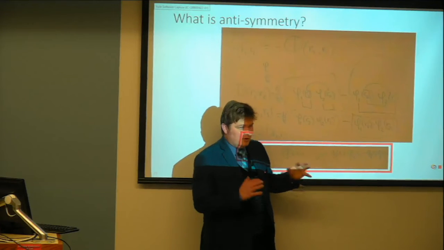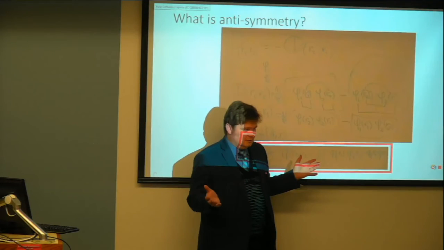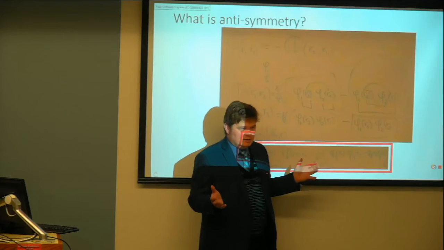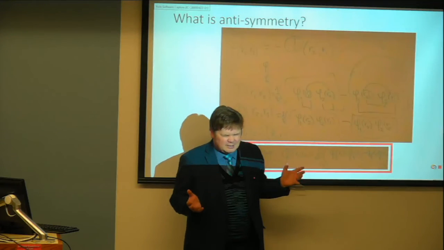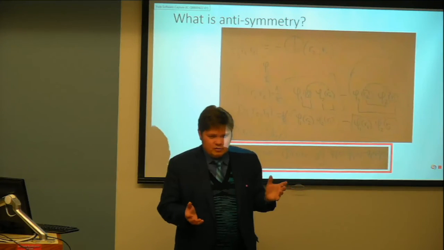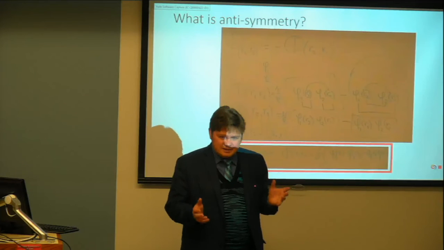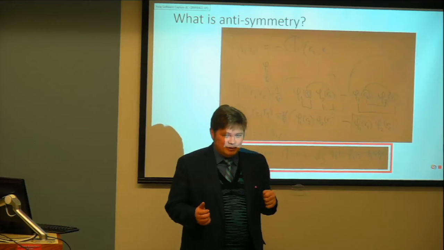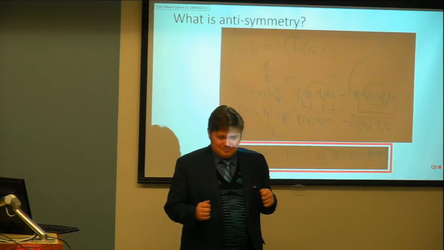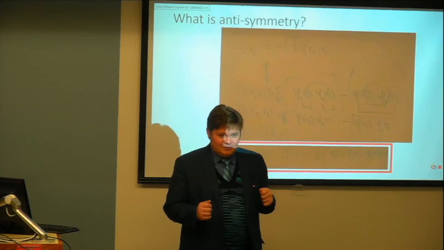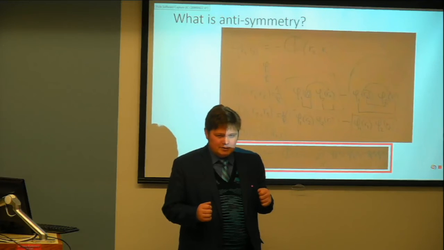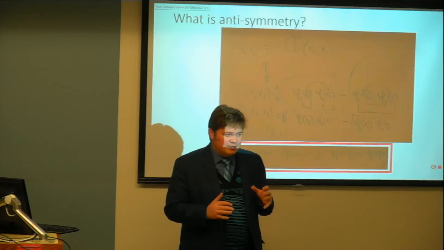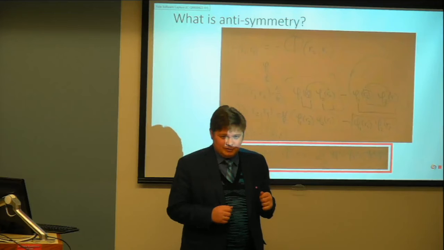So instead of a wave function, I will get nothing. And this illustrates that the antisymmetric construction of the wave function prevents a single person from violating the Pauli principle. Okay? So if we always accept the antisymmetric shape of the wave function, then it is not possible to violate the Pauli principle.